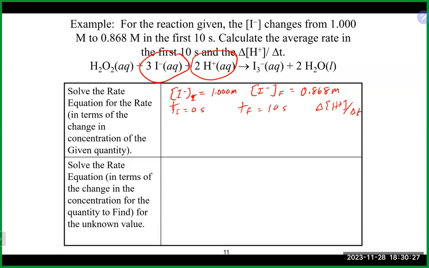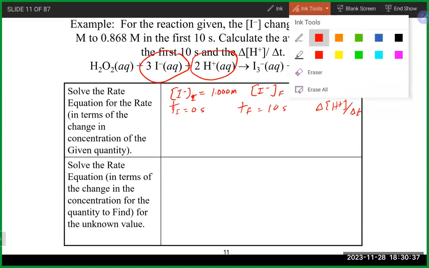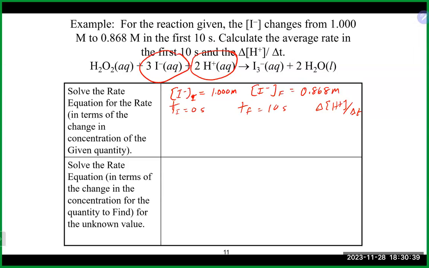So we can actually write two different rate expressions for each of those separately. If we did it for the I minus, we would take the coefficient into account. So the rate would equal negative 1/3, again, because it's a reactant.